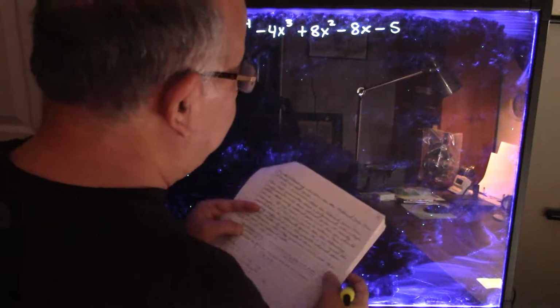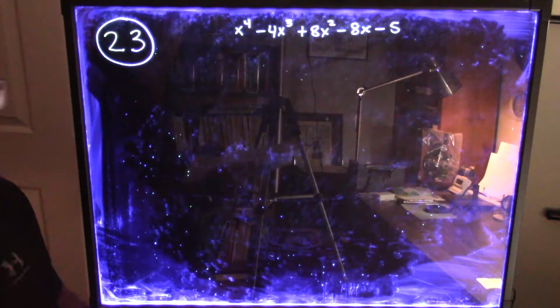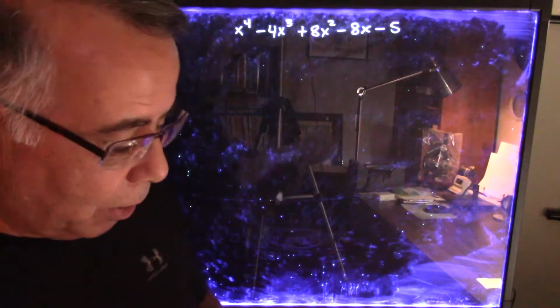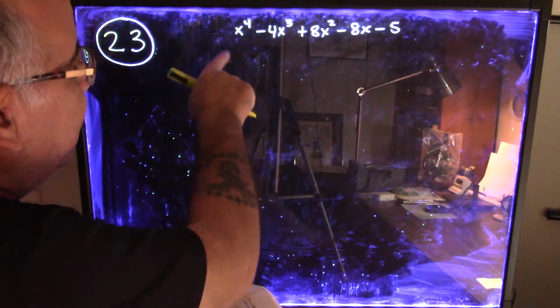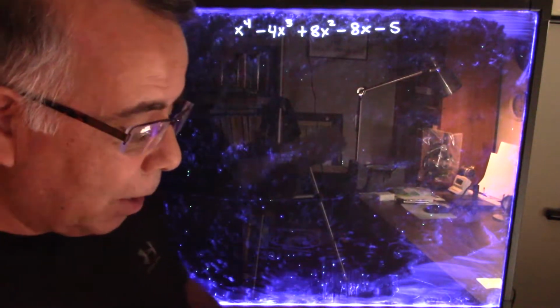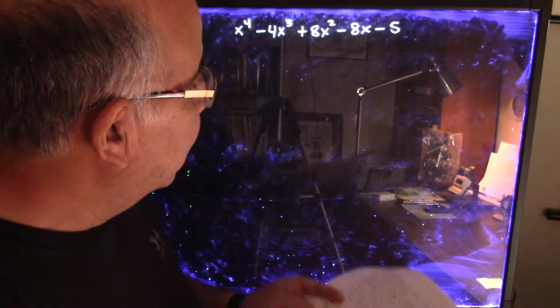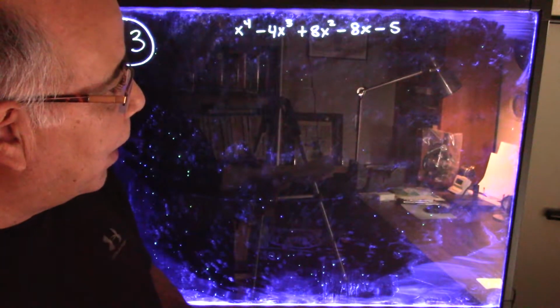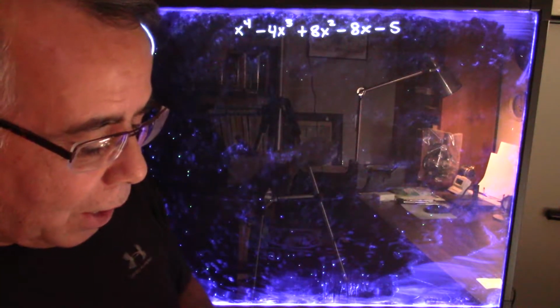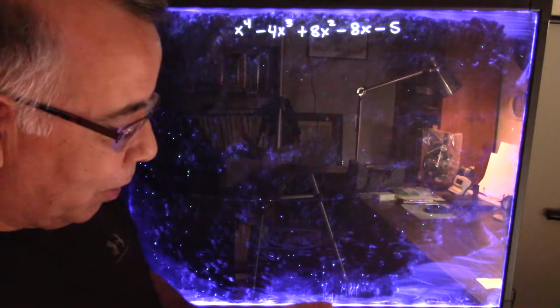That has plus or minus 1 or plus or minus 5 as the possible rational zeros according to the rational zero theorem. Since the leading coefficient here is 1, then the possible rational zeros are the factors of the constant term, negative 5. So you get plus or minus 1, plus or minus 5. But if you try any of those, none of them give you a 0.